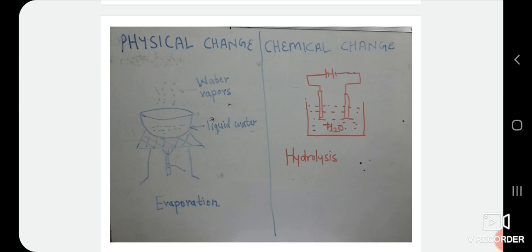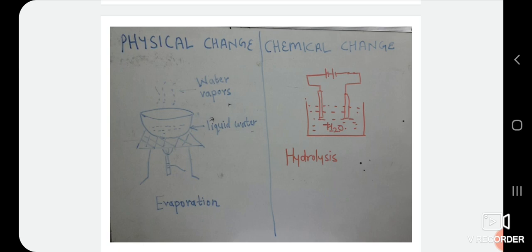And in chemical change, this is hydrolysis. By using electrical energy, here water is decomposed into hydrogen gas and oxygen gas. Now by looking at these two examples, we can say in physical change, no new substance is formed. Why? Because it is liquid water to gaseous water, right?